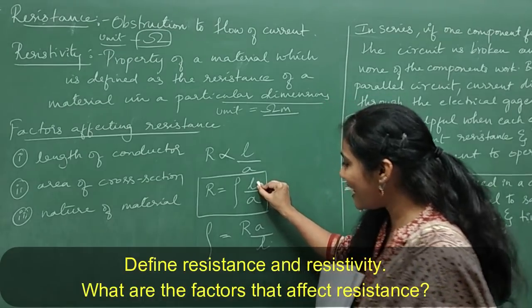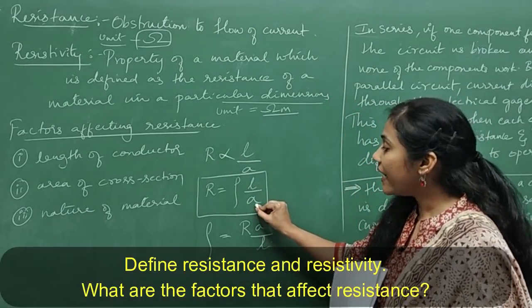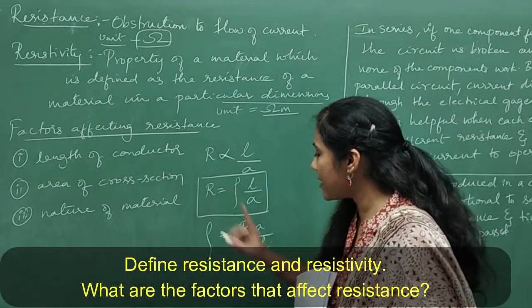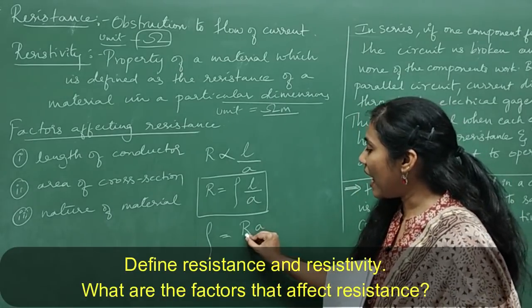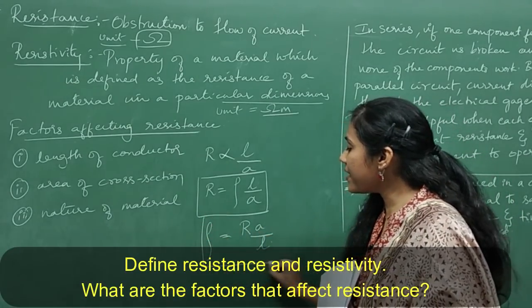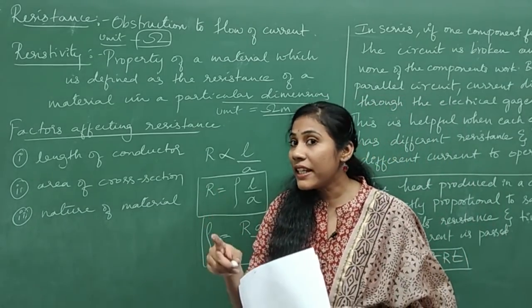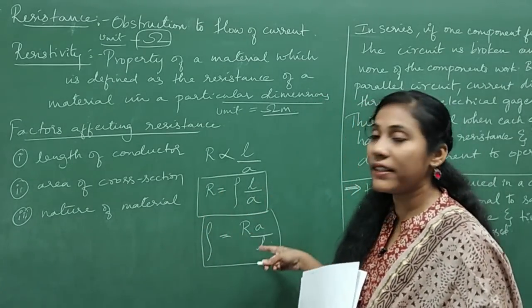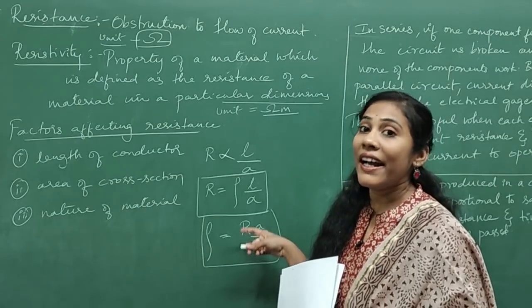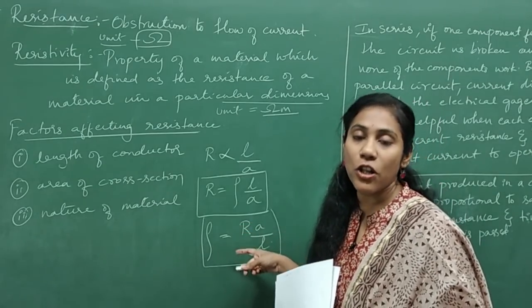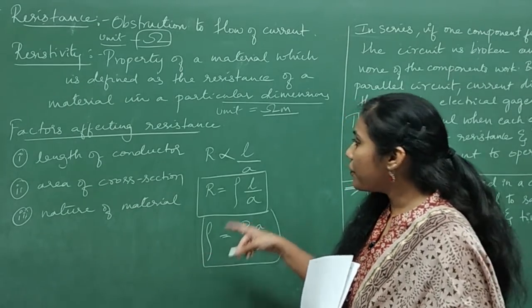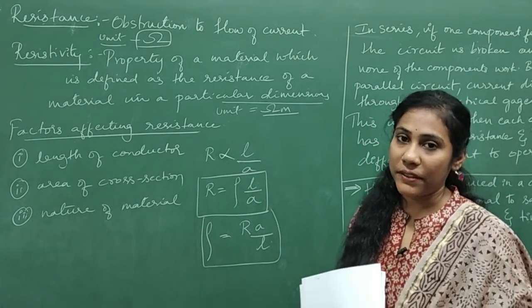So here L is length of a conductor, A is area of cross section of a conductor, and R is resistance. So these are the two formulas you have to remember, because numericals can be asked based on these formulas. Clear? And I'll be solving a few numericals also here. So that's all about this question.